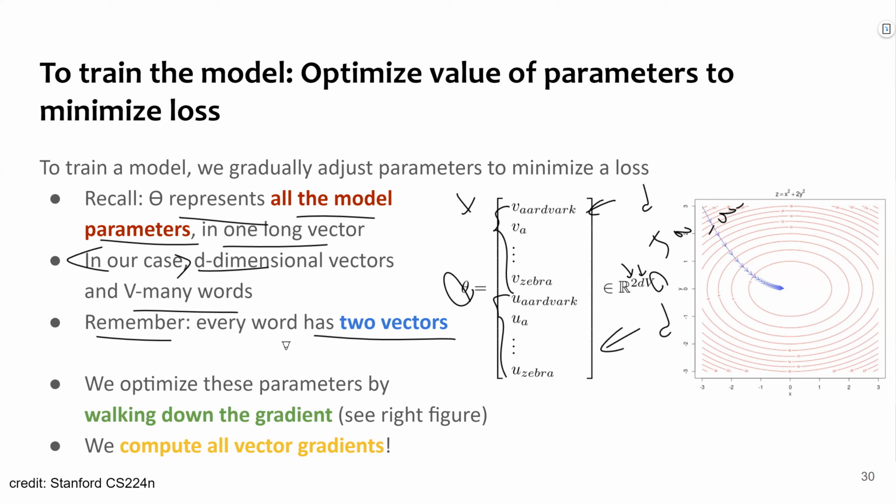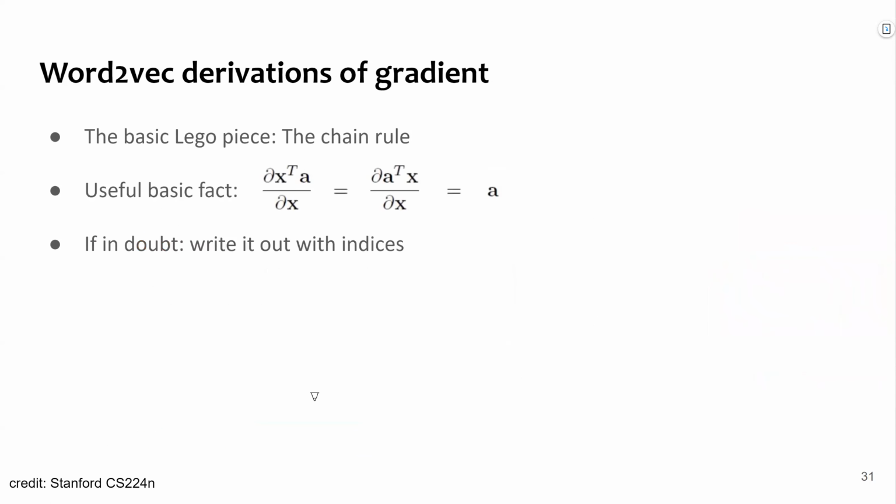We optimize these parameters by walking down the gradient. We know how we can do this, and we compute all the vector gradients. That's what we're going to do. We know how we derive this gradient, and the basic Lego piece is the chain rule. We know what the chain rule is. If in doubt, write it out with indices.